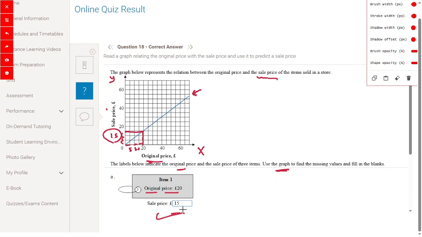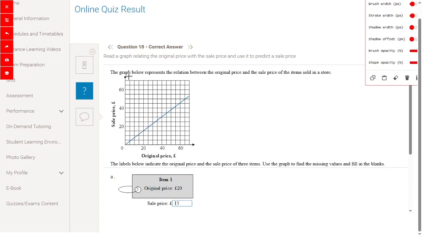Okay. Now we need to find the original price when the sale price is 30. This is the sale price, and the original price is 100 in the other item. For the first one, we already got the result.